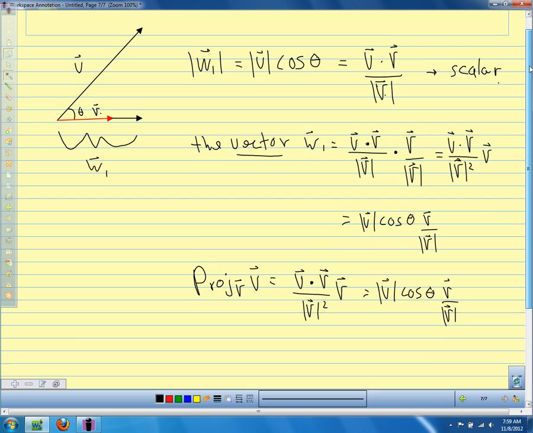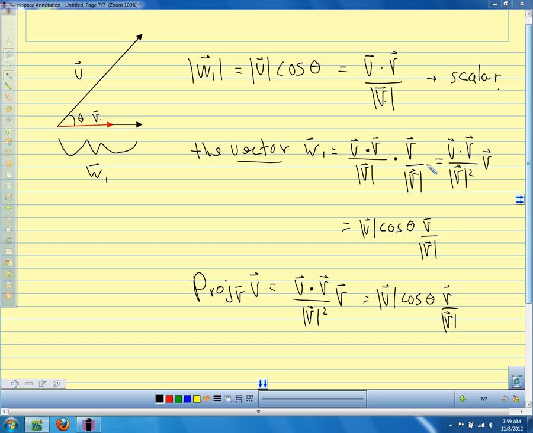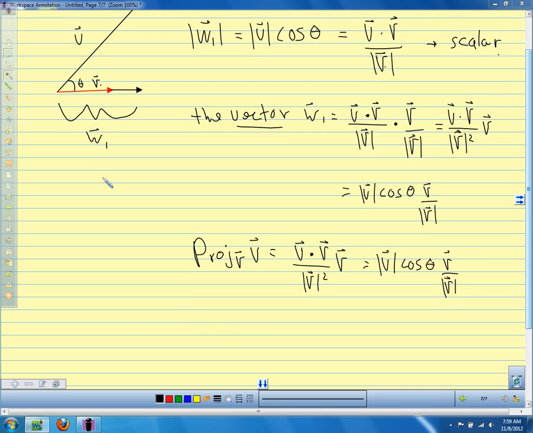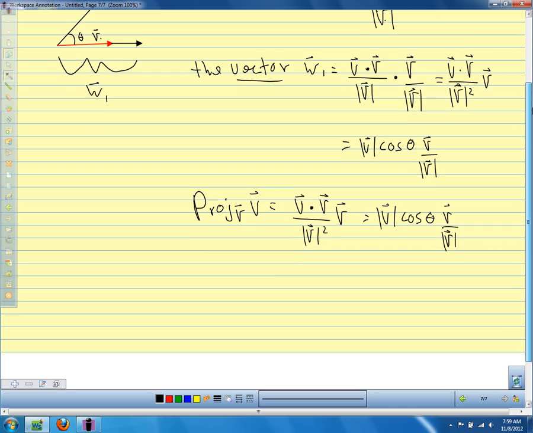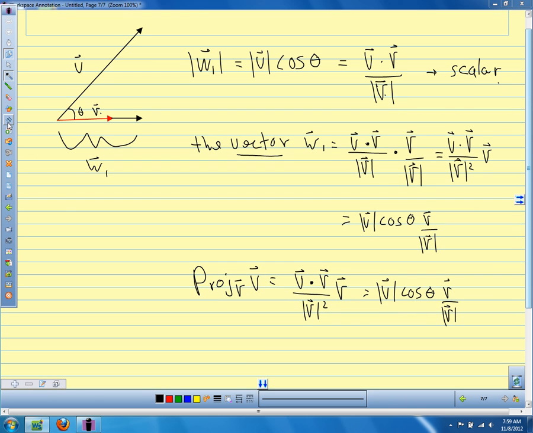And then to find W2, we just said that W2, the component that was orthogonal, is U minus W1. So if I draw my other vector in here for W2, I draw that up here, and we say that's W2.